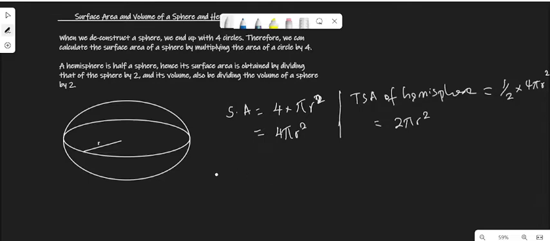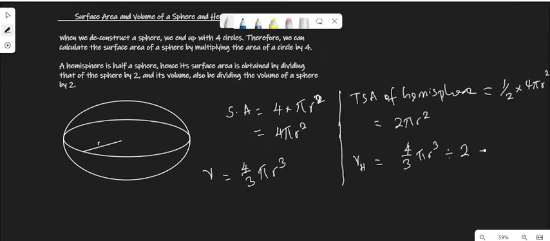The volume of a sphere, V, is 4 over 3 pi r cubed. That is the volume of a sphere. And again, hemisphere is half of a sphere. So volume of a hemisphere, let me call it V subscript H, will be 4 over 3 pi r cubed divided by 2.